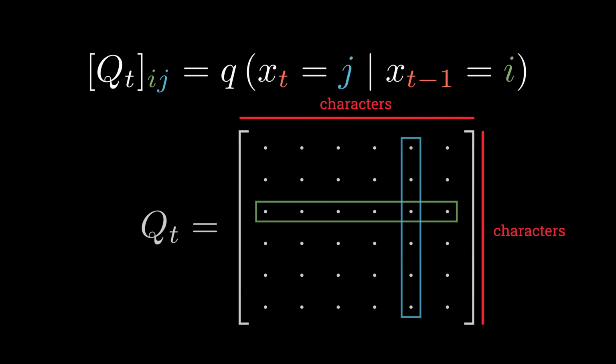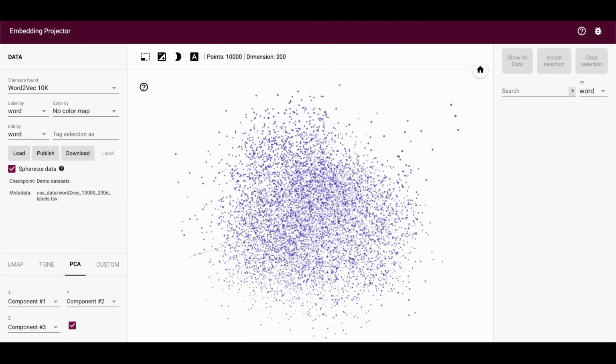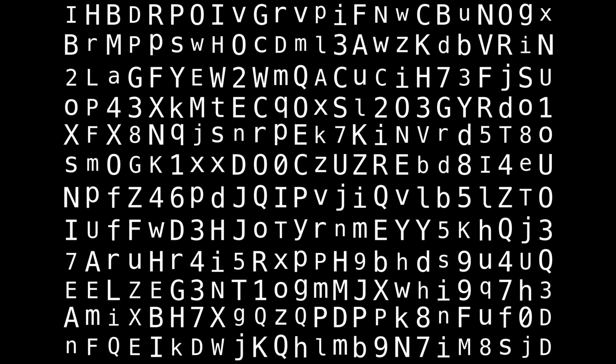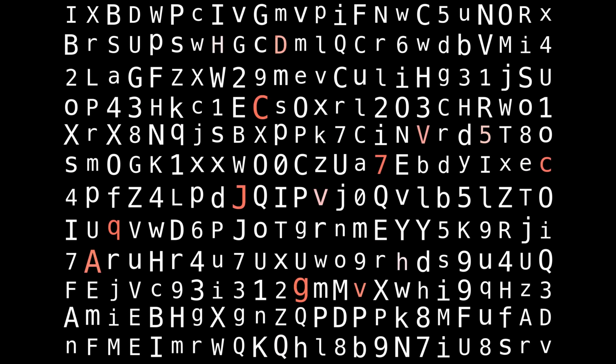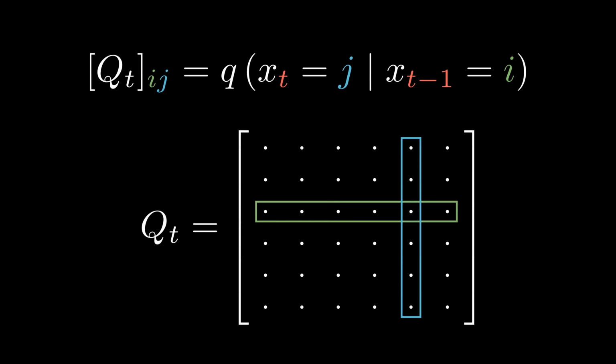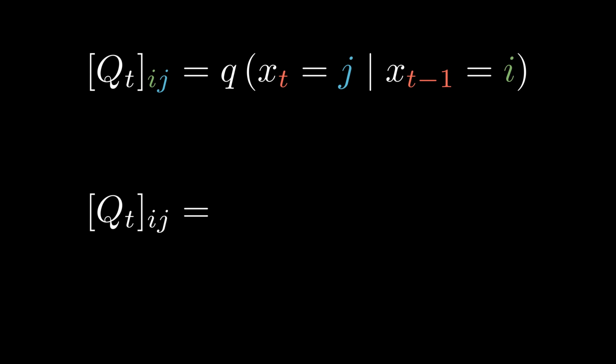In one experiment, D3PM defined each entry Qij using the similarity between characters i and j in the embedding space. But modeling language at the character level proved to be a bottleneck in quality, so this approach never really took off.